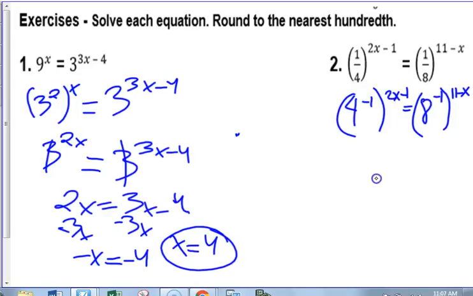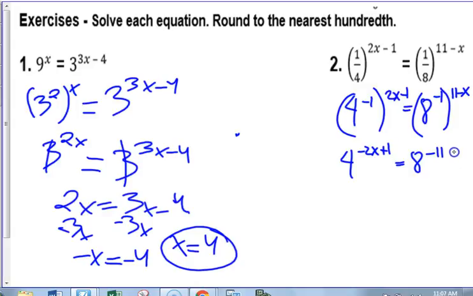All right. So now what do you want to do? We can multiply, so we'd have 4 to the negative 2x plus 1. You're distributing that negative 1. And over here we have 8 to the negative 11 plus x.